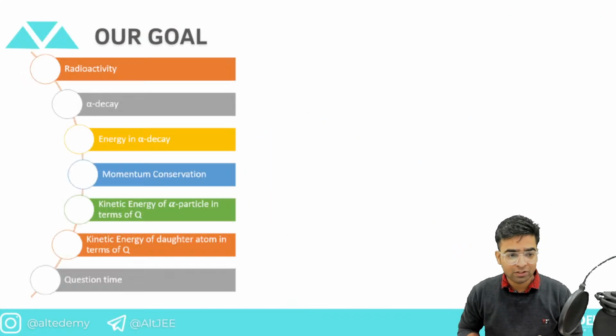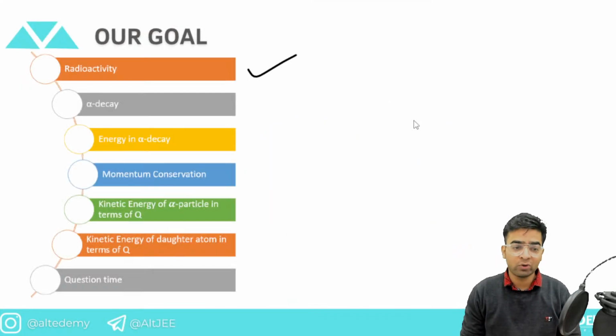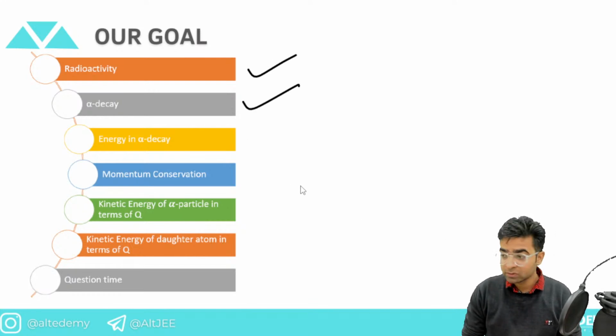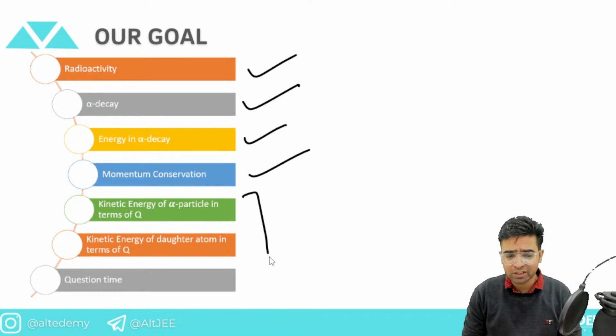After that, this is today's goal. First, we are going to do radioactivity, then alpha decay. Then we are going to talk about the energy in alpha decay, or you can say the Q value, and momentum conservation, from which we can get the kinetic energies of the daughter atom and of the alpha particle.